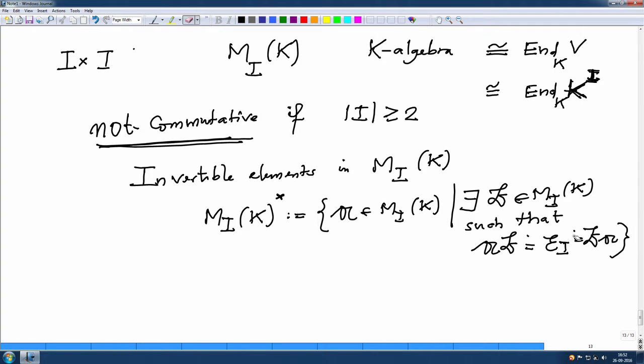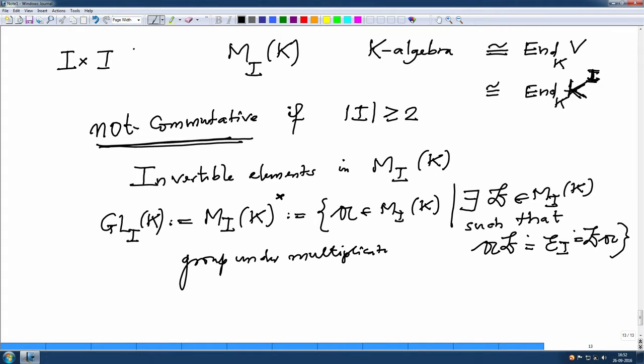So, this I want to denote by GL_I(K). This is the definition of GL_I(K), and this is a group under multiplication of matrices.